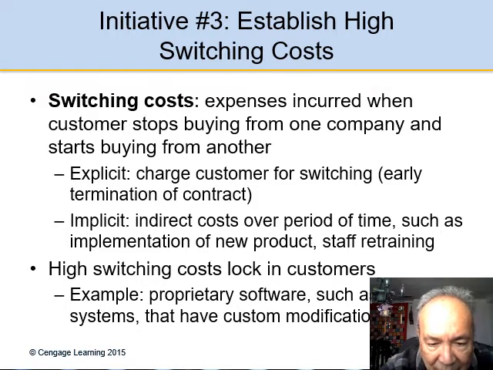Example, proprietary software such as systems modification. So it will be very hard for the customer to switch to another company because it will be very costly for that customer.